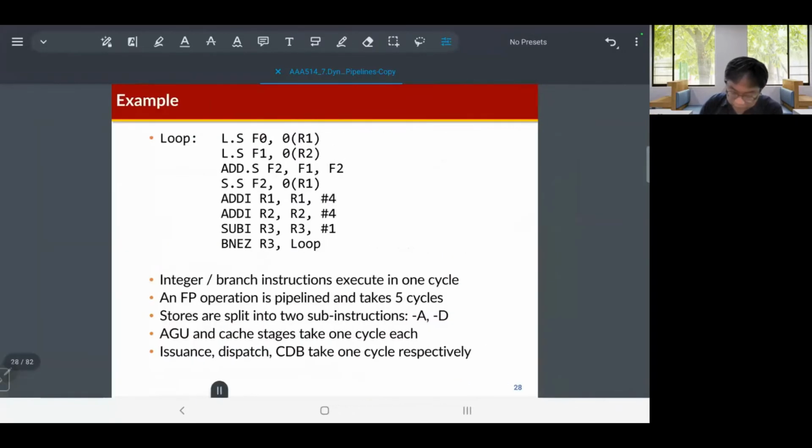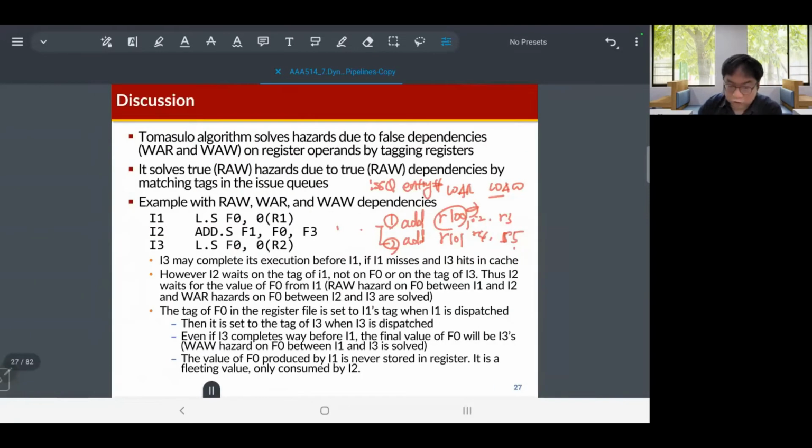So you need to understand this, because the same technique is applied to speculative execution, the reorder buffer, and some other out of order processor architectures. Okay. The baseline theory is the same for the different out of order processor architectures, but some use tags or physical registers or reorder buffer entry numbers.